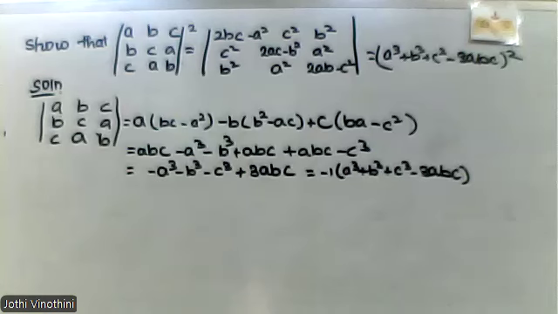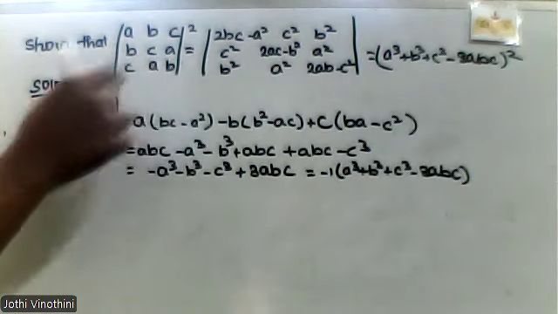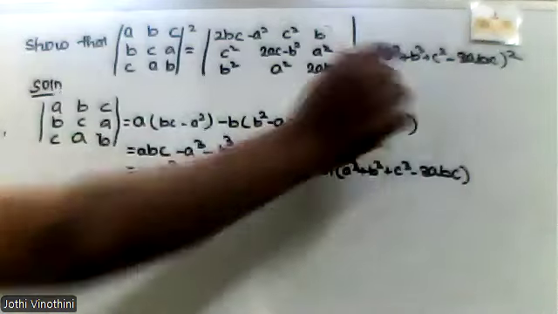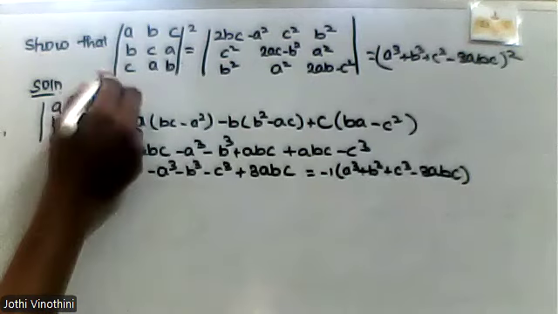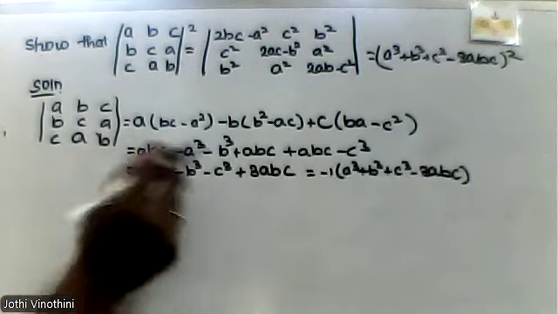See what we have to prove. We have to prove the square of this determinant is equal to this one, right? So I am taking the square on both sides.